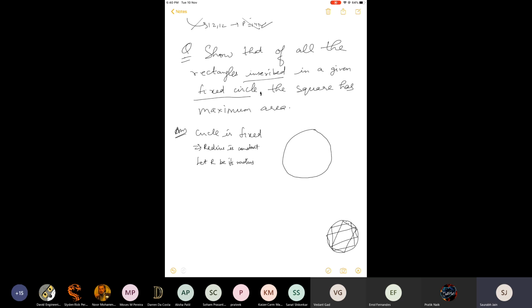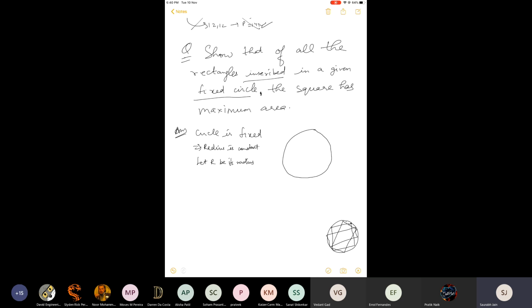Out of all these rectangles that you will be drawing inside this circle, a square will have the maximum area. Why? Because every square is a rectangle, but every rectangle is not a square. So that is why they are saying of all the rectangles inscribed in the circle, the square has the maximum area.